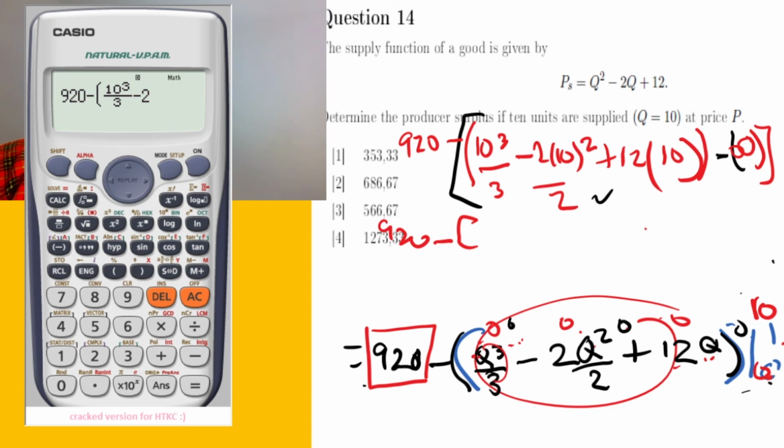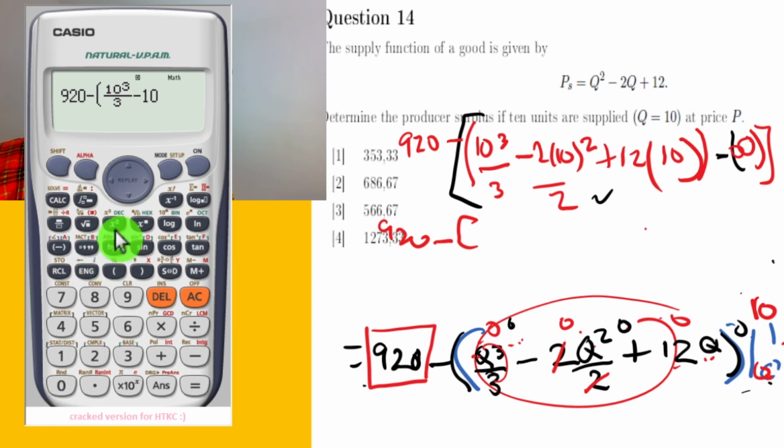Look, I could simplify this, because these two cancel, so it becomes q squared. I forgot to simplify, grade 4 stuff. So there's no 2, I can simply say q squared. What is q? 10.